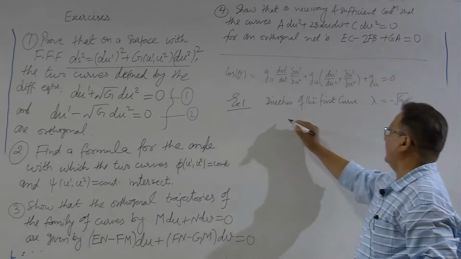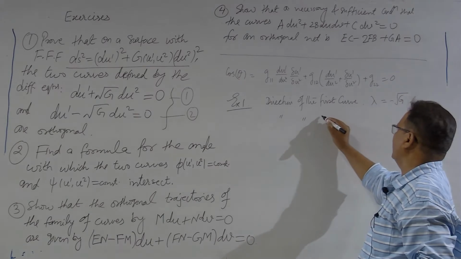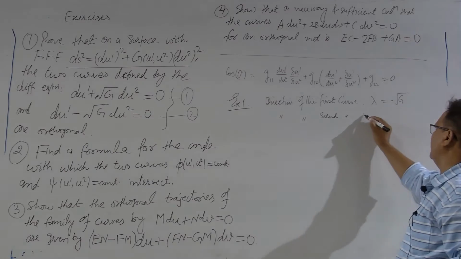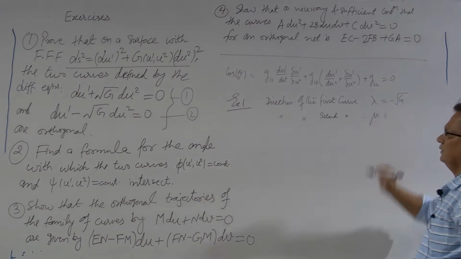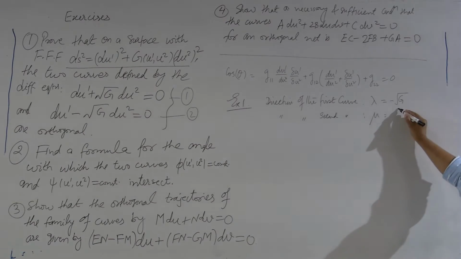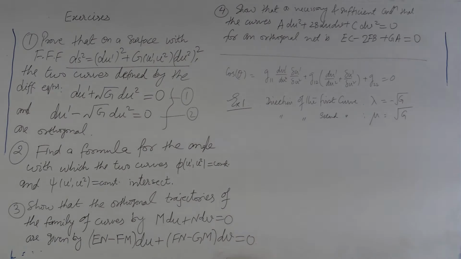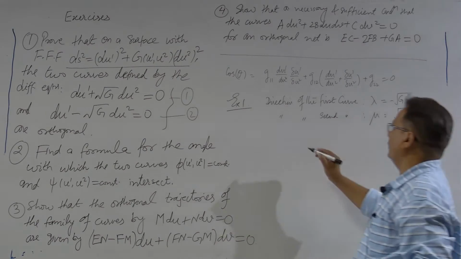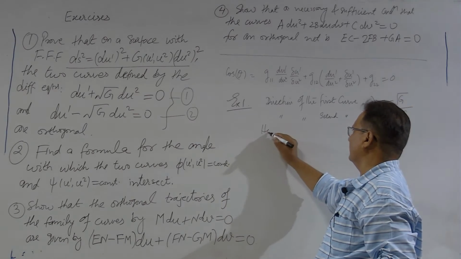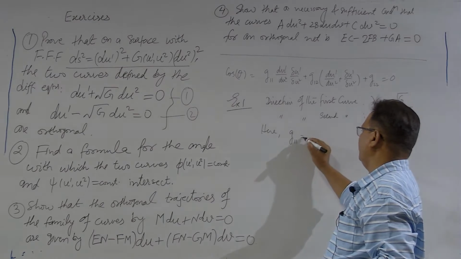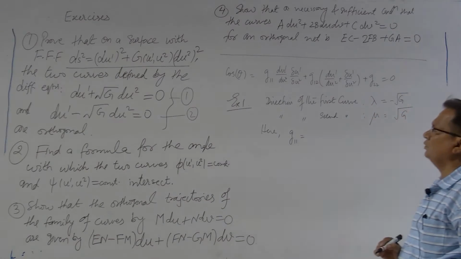And the direction of the second curve is, let me call it mu, that is simply under root g. If you look at the first fundamental form, you can tell me G11, G12, G22.